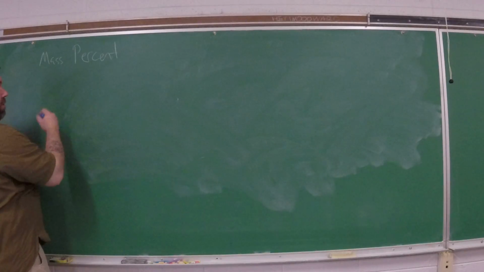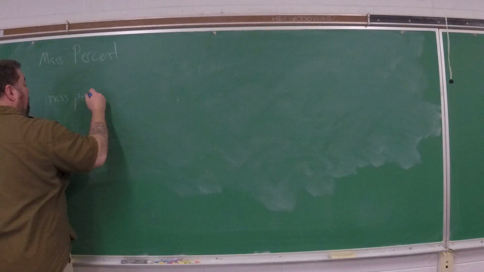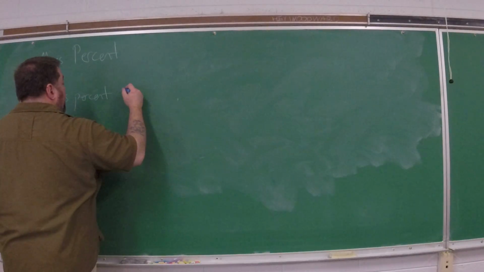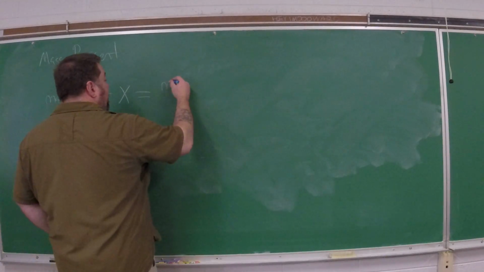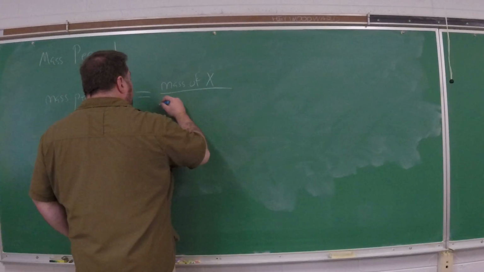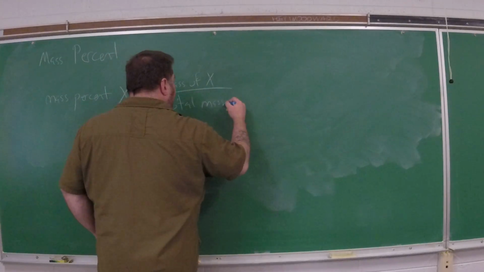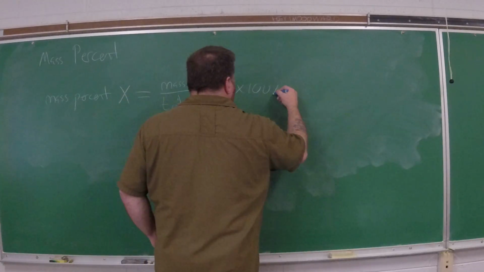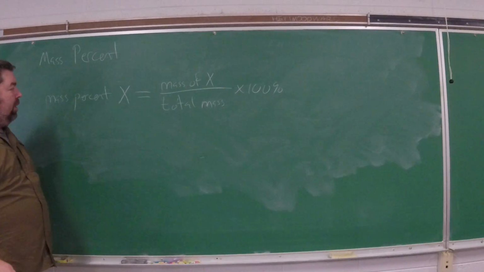Basically, the mass percent of X is going to be the mass of X divided by the total mass, times 100%. That's it. Pretty straightforward.